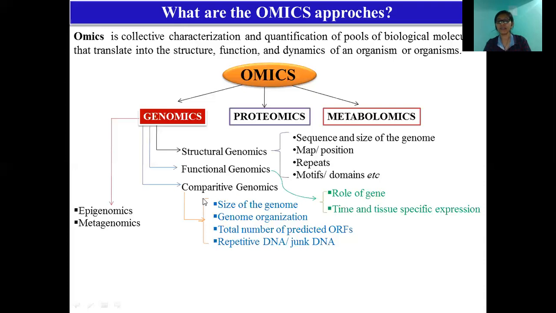And the next level of study is comparative genomics. In this you can compare more than two different individual genomes, to compare the size of the genome, to identify the repetitive sequences, to identify the various types of transposable elements, or to compare the different open reading frames present in the different individuals, or the genomic organizations.